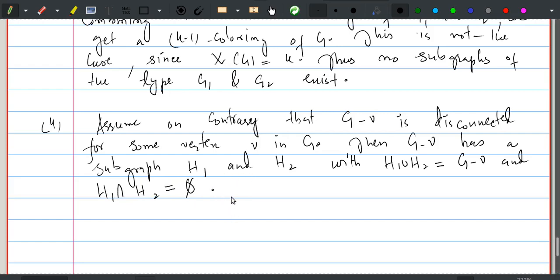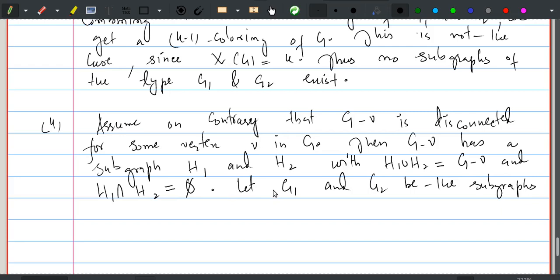So if this is the case, let G1 and G2 be the subgraphs. G1 is the induced subgraph on the vertices of H1 and V, and G2 is the induced subgraph on the vertices of H2 and V.